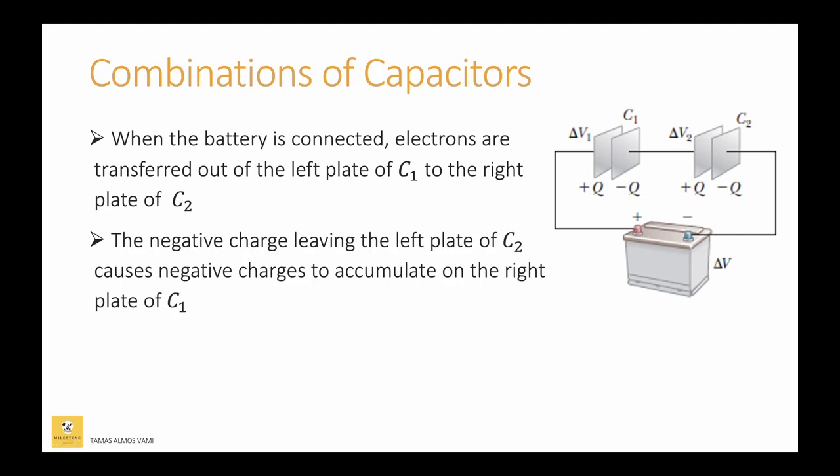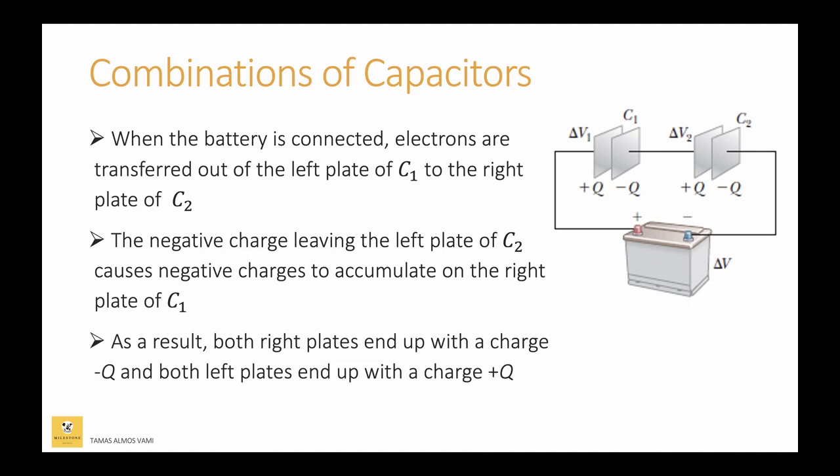So then the negative charges leaving the left plate of C2 cause the negative charges to accumulate on the right plate of the C1. And then that means that if you want to have this isolated system, these two things, to have zero net charge, then if there is plus Q charge here, that means there has to be minus Q charge on the other side, or vice versa.